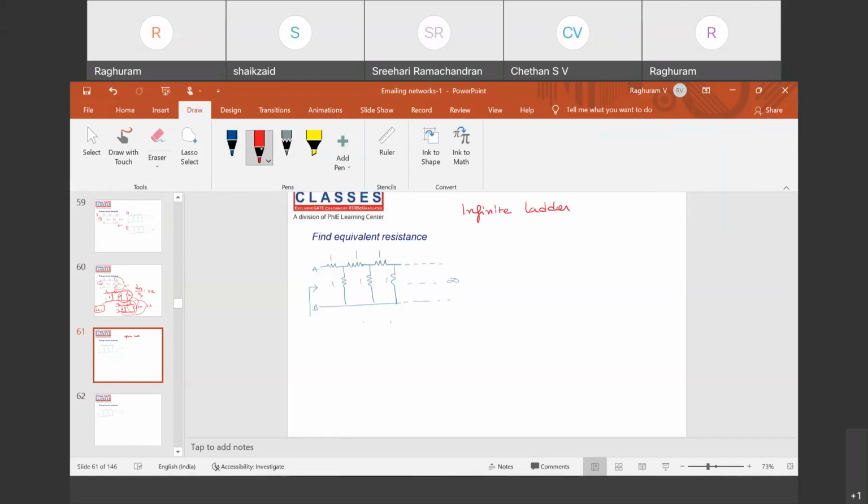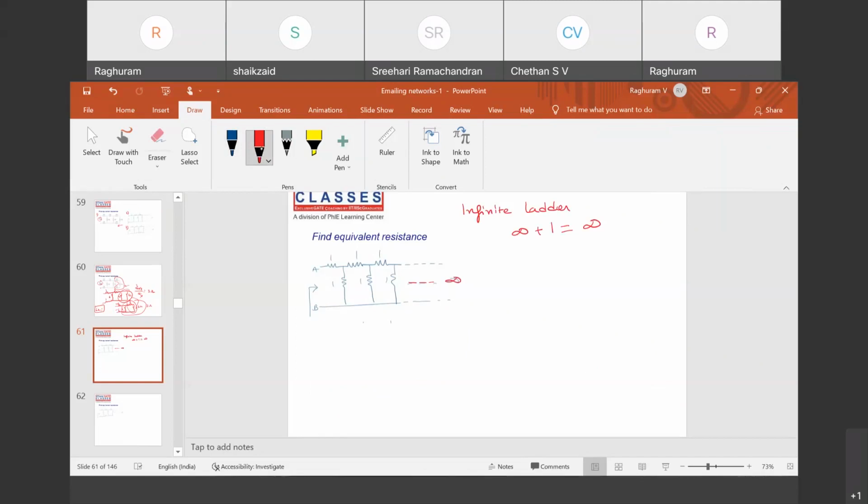These are called infinite ladder circuits. So how to solve an infinite ladder circuit? See, the logic is if you add or remove one from infinity, it's always infinity, right? So this circuit goes up to infinity.